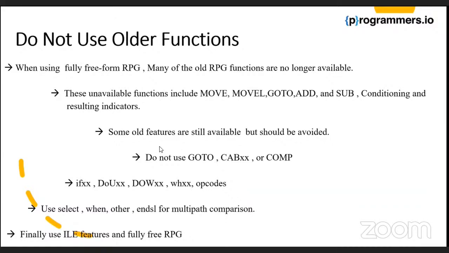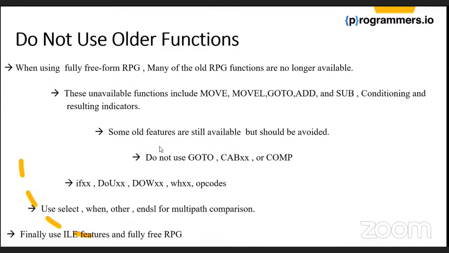Instead of that, we can move to the new things used in RPG IV, because the updating is always running behind it. So if you use the new things, it is quite understandable for our new generation also.